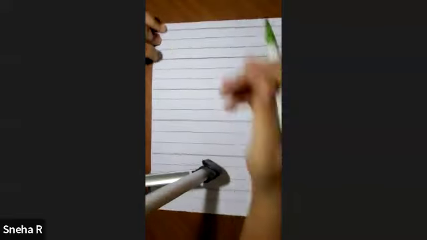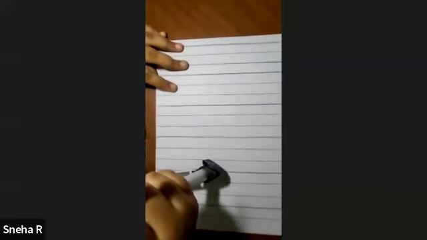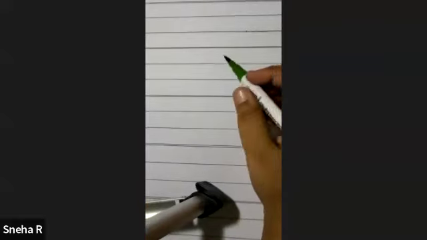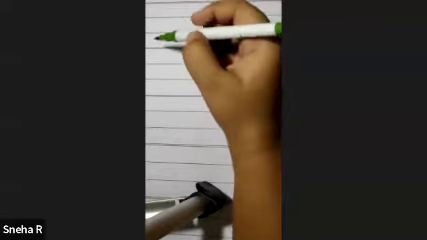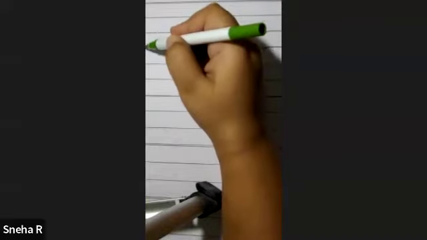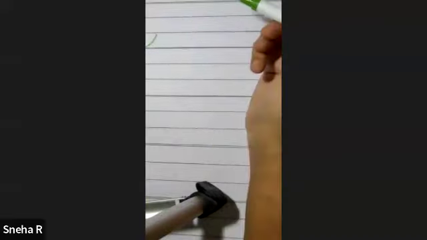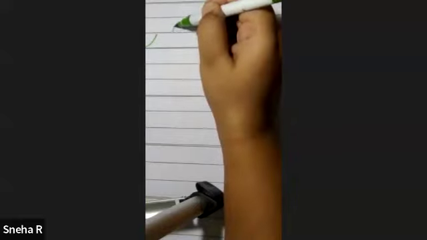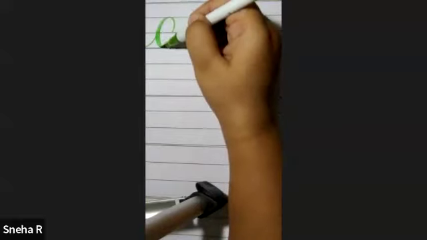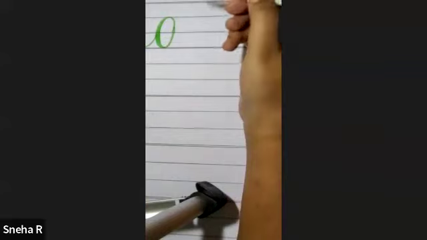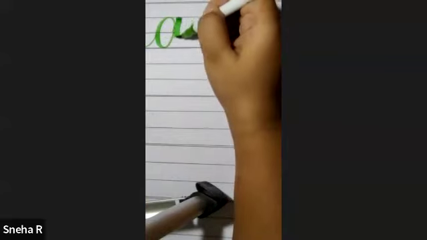Okay. Starting with letter A. For A, entry stroke, oval, and a half underturn.